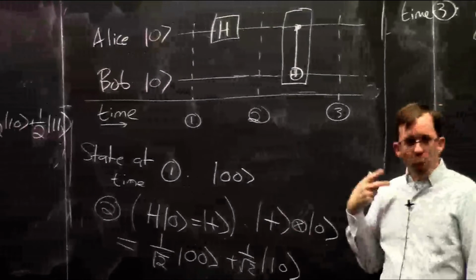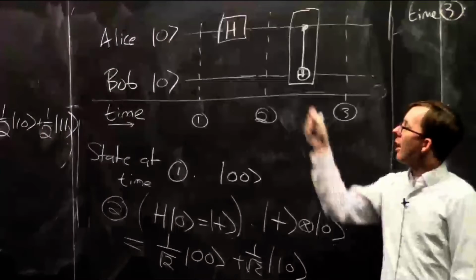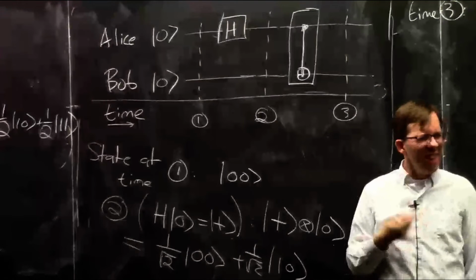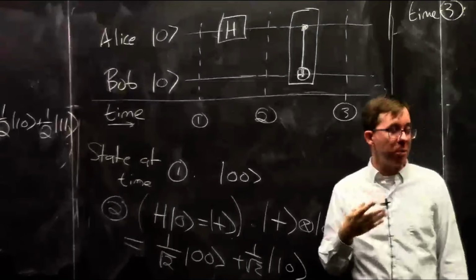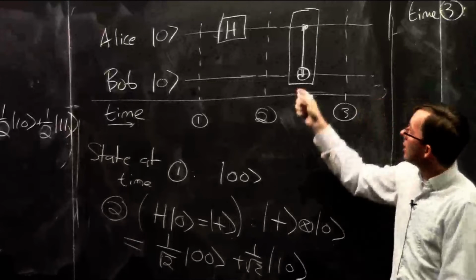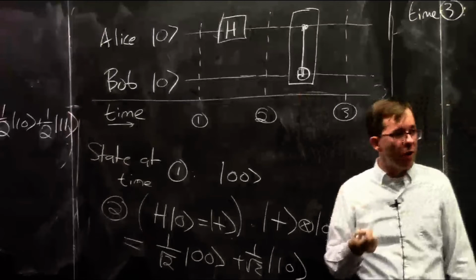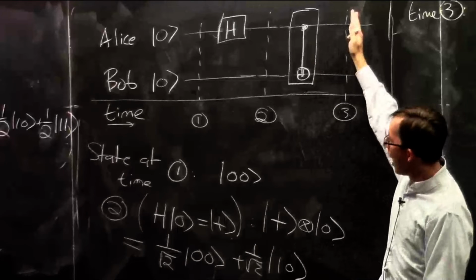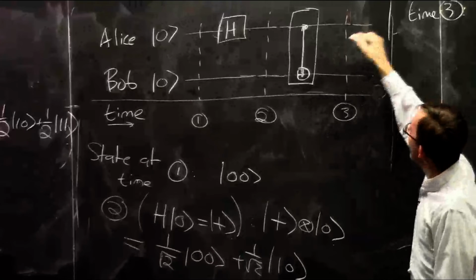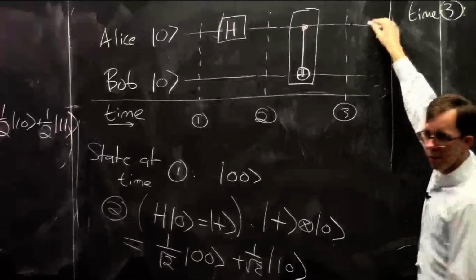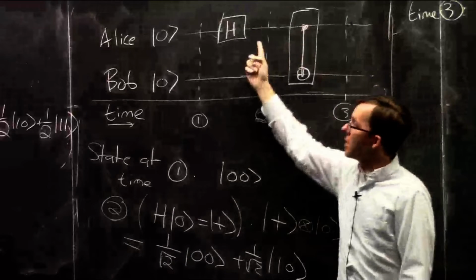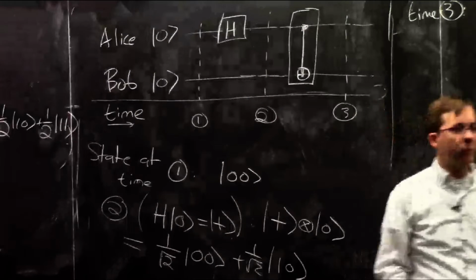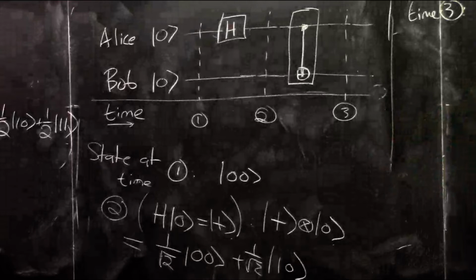In fact, for a lot of the ones we like to use, like the CNOT gate and also the Hadamard gate, it's its own inverse. It's kind of a coincidence that our favorite ones tend to have this property. It doesn't have to be this way. But the CNOT gate is actually its own inverse. If you do it twice, you get nothing. So at this point, they're entangled. But then, if we put them through another CNOT, they would go back to the same state they were in here, which was unentangled. So yes, it is possible to unentangle qubits.